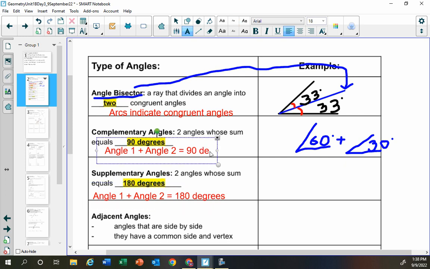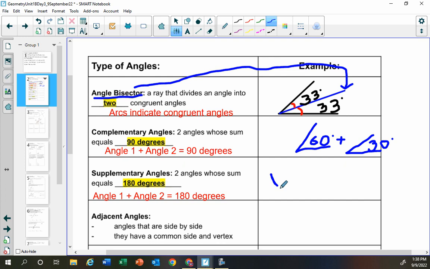Let's say I had an angle that was 125 degrees. How many degrees must my other angle be to get 180? The final result is 180. I started with 125. How many more degrees do we need to get 180?